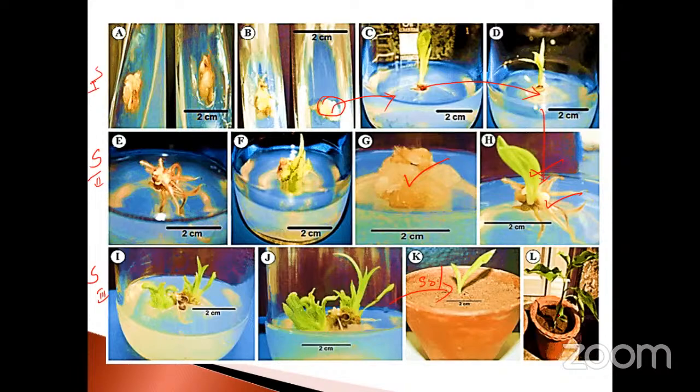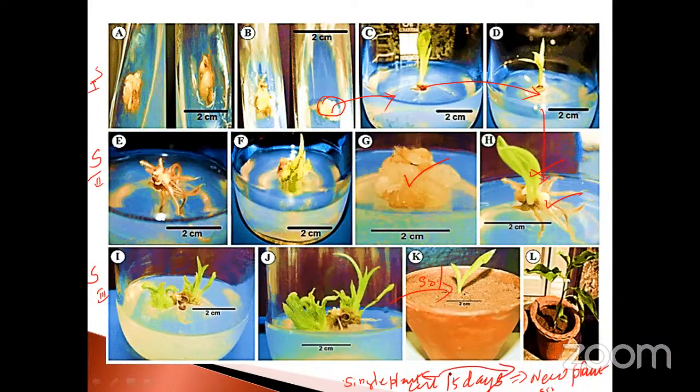This is within a short period, which is very, very important. Within a short period means 15 days you will get a new plant from a single plant cell. A single plant cell gives a new plant similar to the parent within a short period.